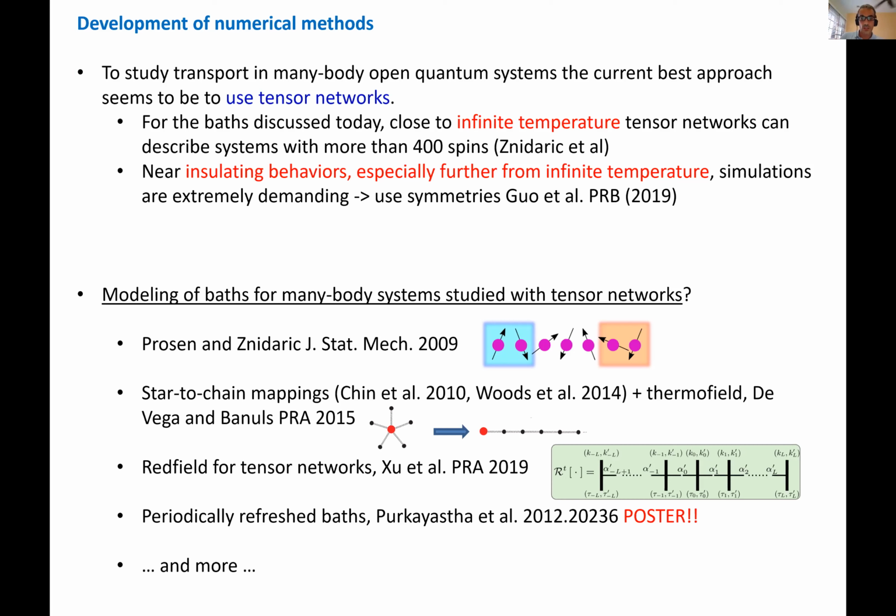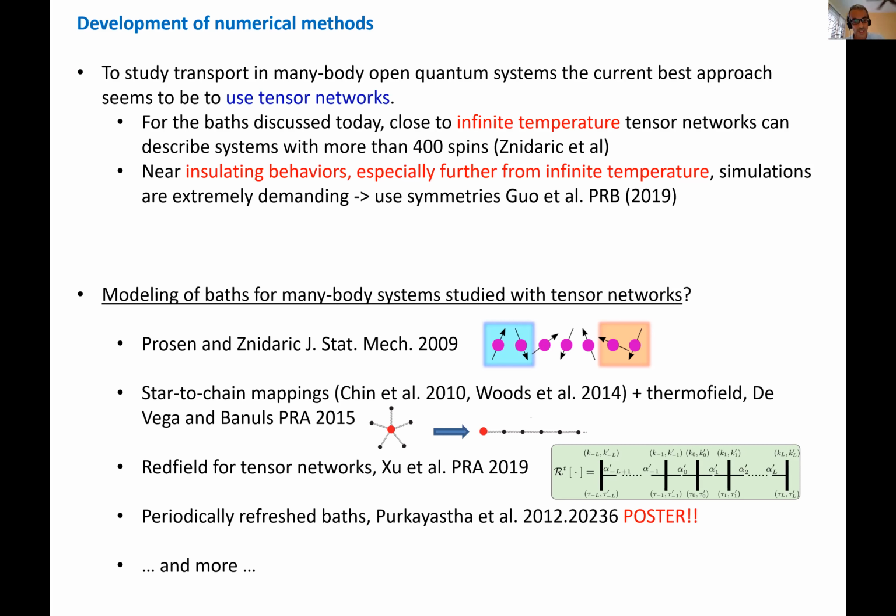This is ideal also for matrix product states, because when you couple a system to a bath of many harmonic oscillators, you map these many harmonic oscillators into a semi-infinite chain. And this allows you to study the system up to a certain amount of time.